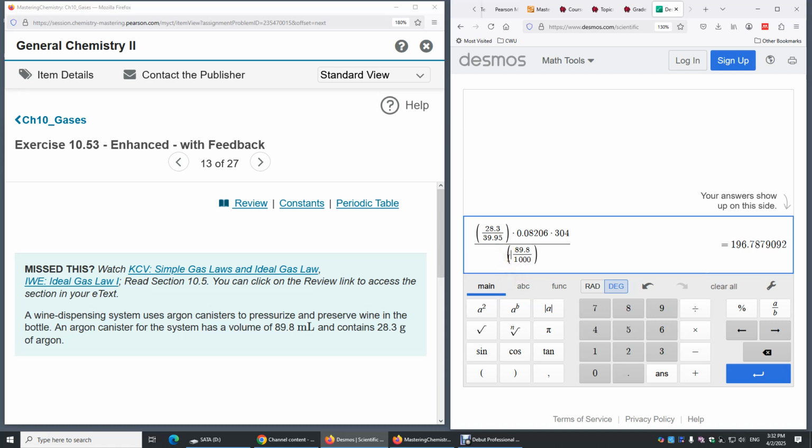Alright, so this is the equation. Pressure equals n times R times T over V. V is in liters, and this R is in atm liter over mole Kelvin. So we have this, 197.